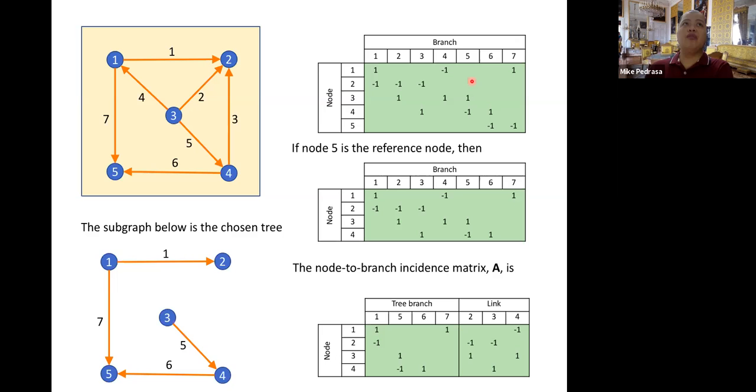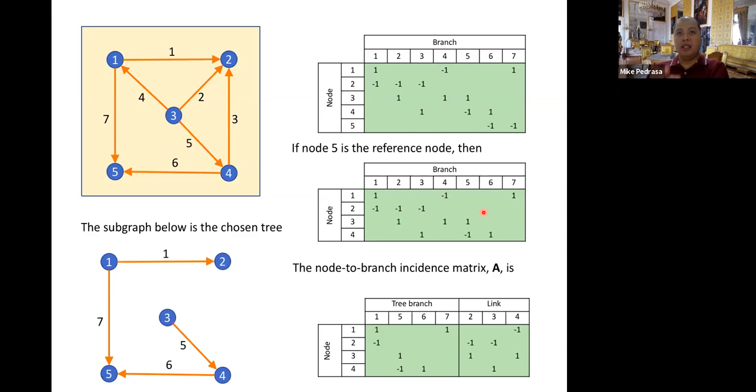We have to have a set of equations that are linearly independent. We can do that by choosing one of the nodes as the reference node and removing the row corresponding to that. So if we choose node 5 as the reference node, let's just remove row 5. Tanggalin natin yung last row, and we are left with this matrix.